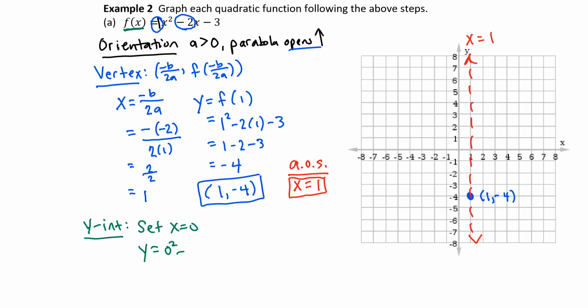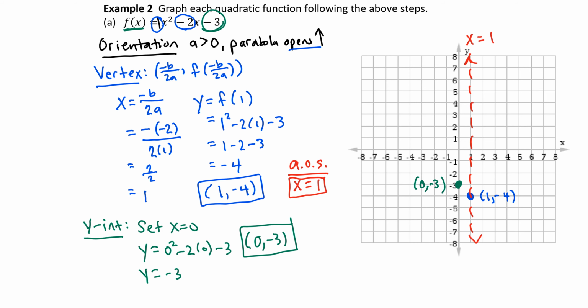And when I replace all the x's with 0, do you see that the constant is left behind? So again, the shortcut for finding the y-intercept is just to look at this number right here. As an ordered pair, x is 0, y is -3. So we can go ahead and plot that on our coordinate plane. X is 0, y is -3.